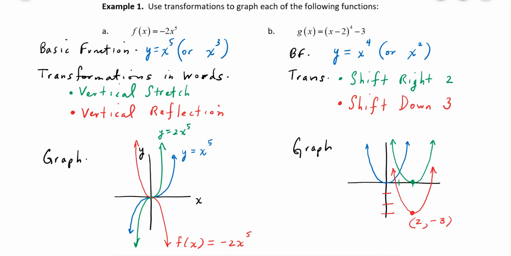And I guess the only thing left is to label the graphs. x minus 2 to the fourth minus 3. The intermediate graph was x minus 2 to the fourth. And the original was x to the fourth. Okay, that's it for transformations.